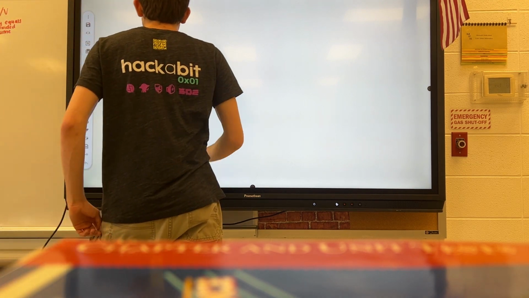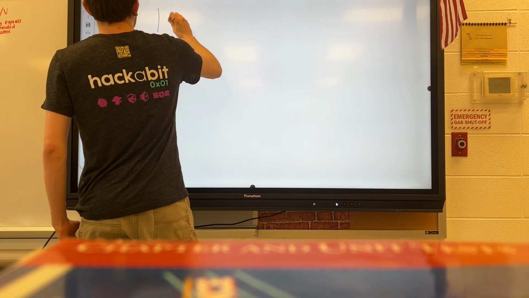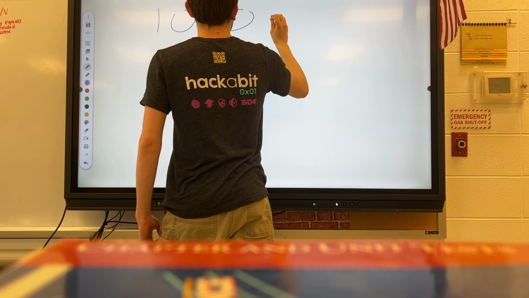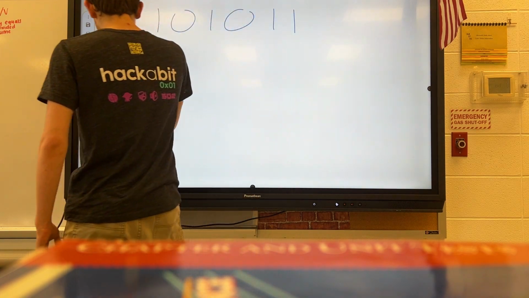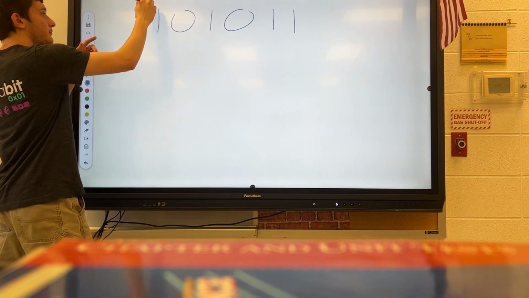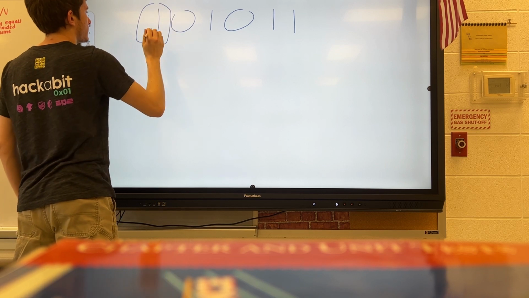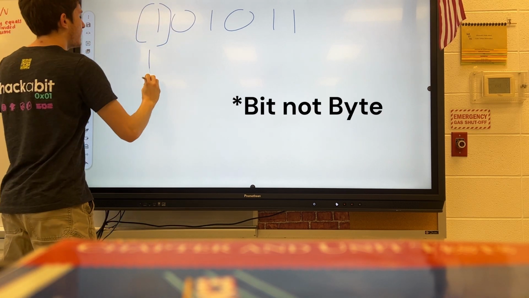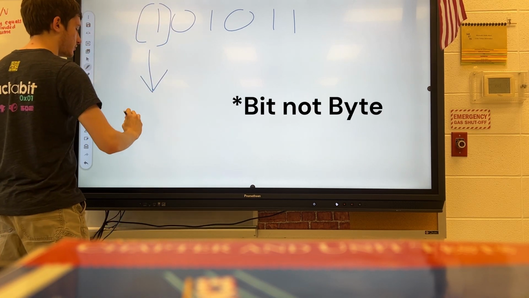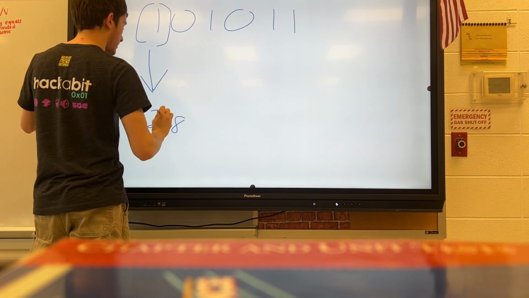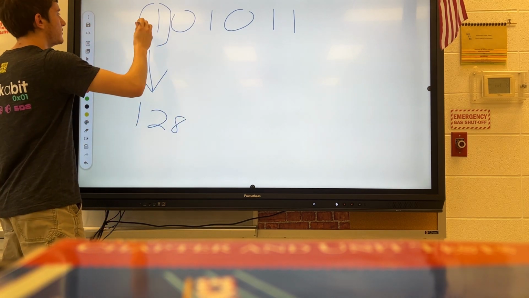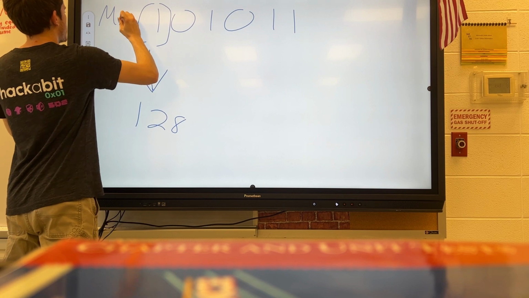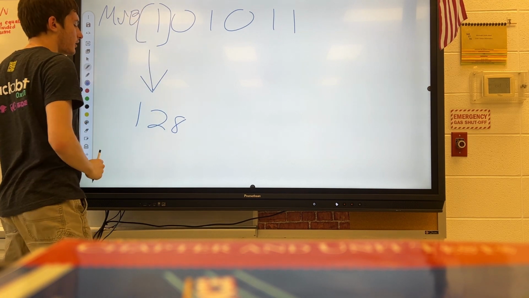Okay, let's say for instance, we have this binary here. We have this symbol right here, this byte, and let's say this byte is equal to 128. And by the way, I'm using most significant bytes right here.